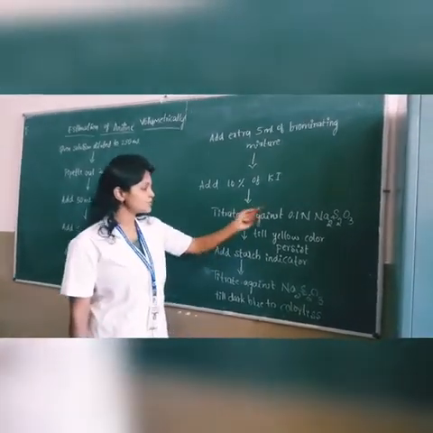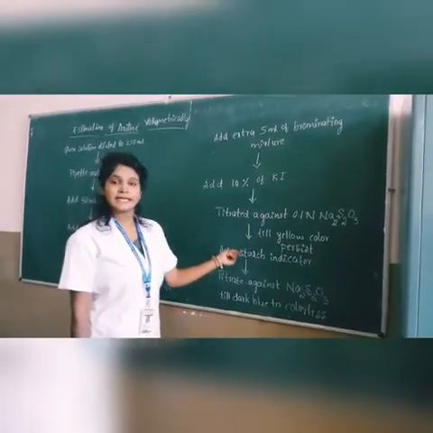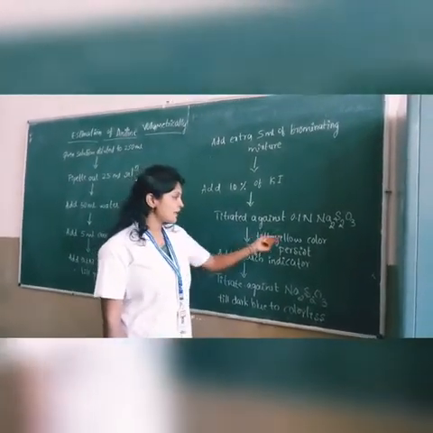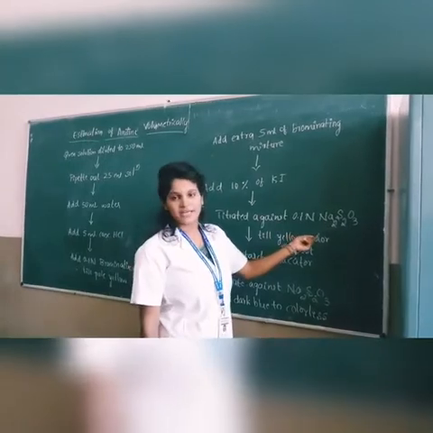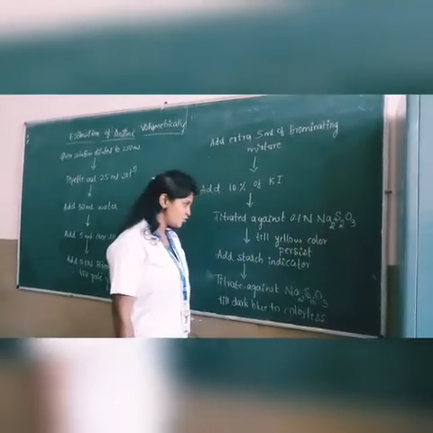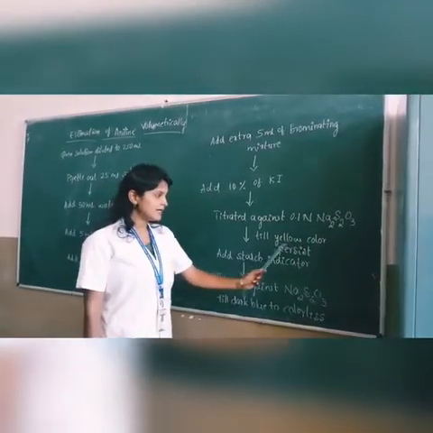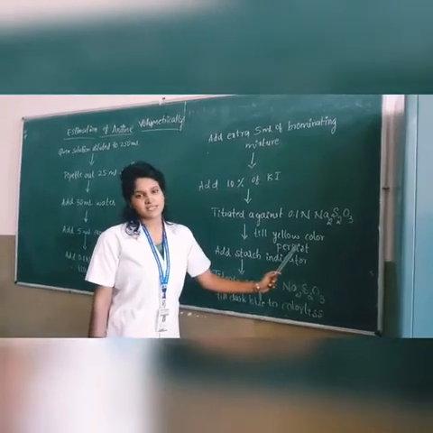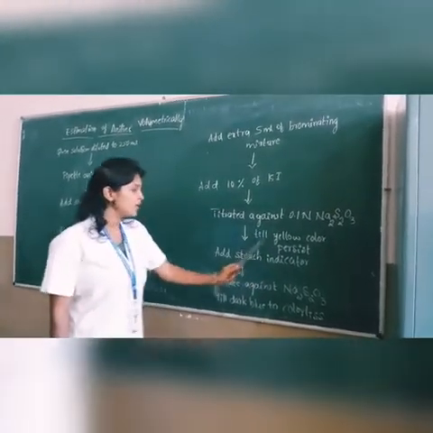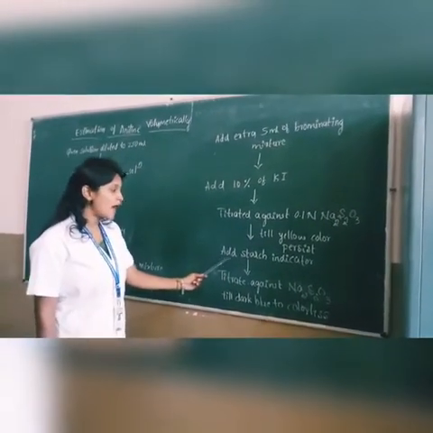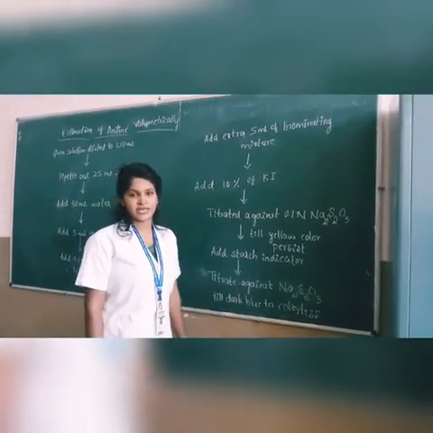After the reddish brown color, we immediately titrate that solution against 0.1 normal sodium thiosulfate solution until a yellow color persists. After the yellow color appears, we add the starch indicator.